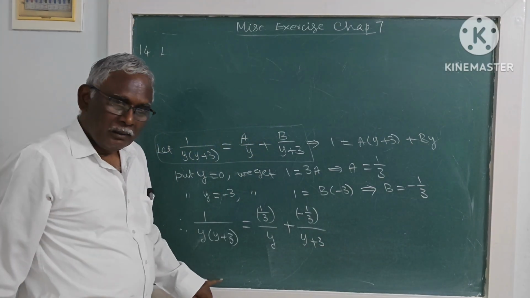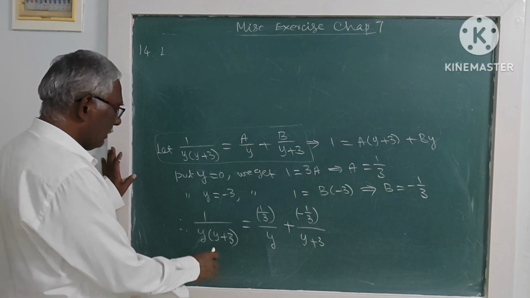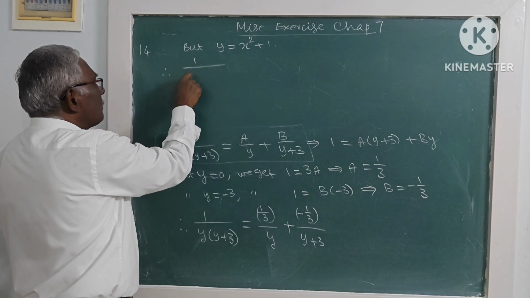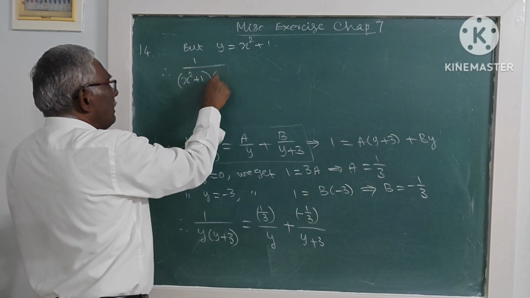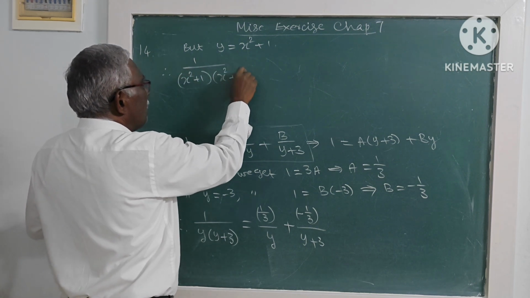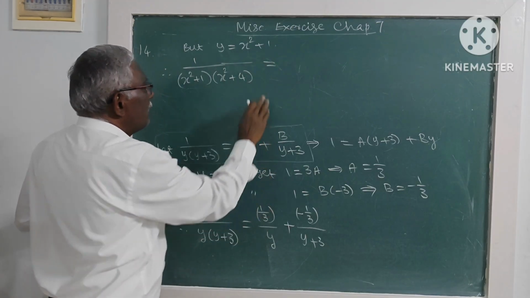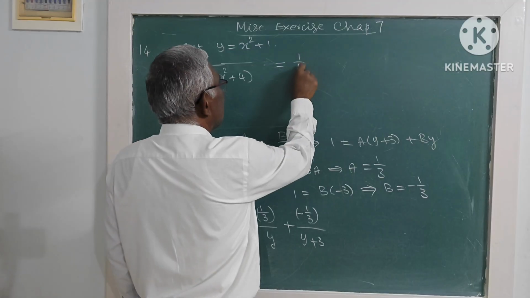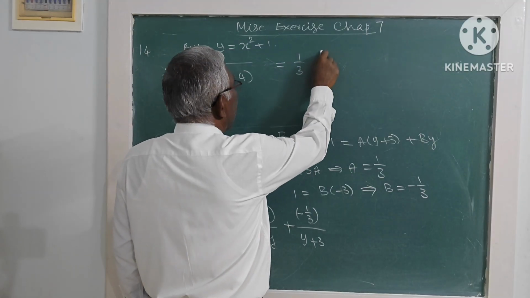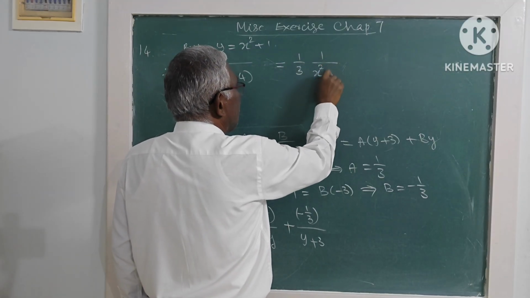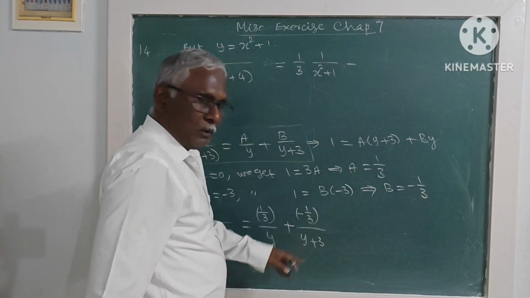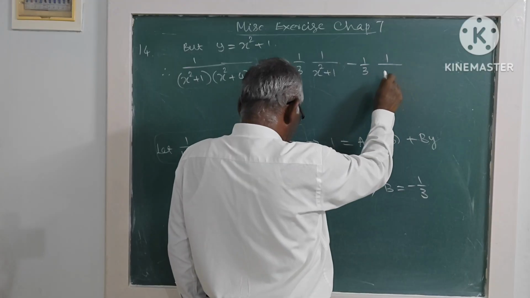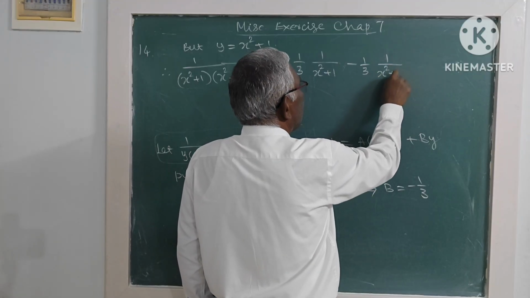But y is what? y is x square plus 1. Therefore, 1 over x square plus 1 into x square plus 4, this we can write as 1 by 3 times 1 over x square plus 1 minus 1 by 3 times 1 over x square plus 4.